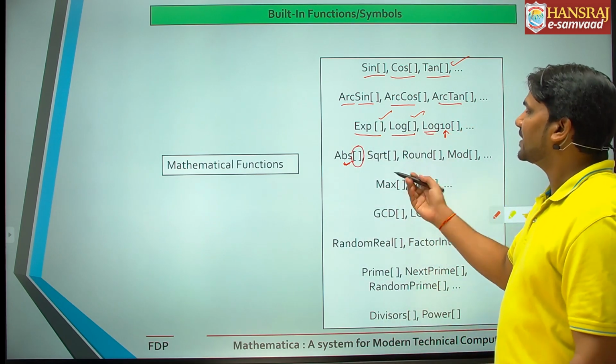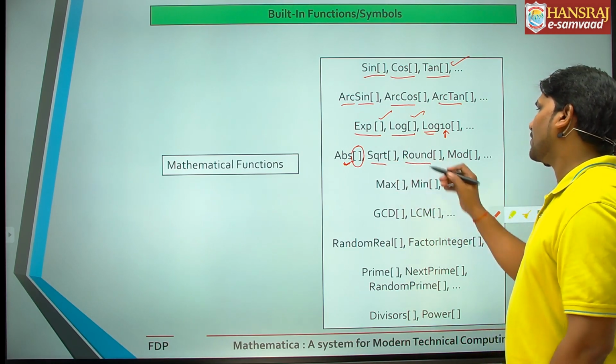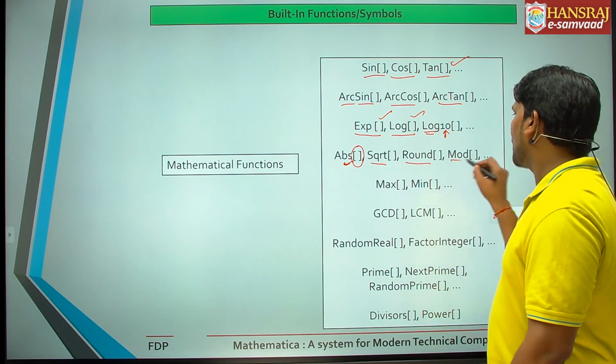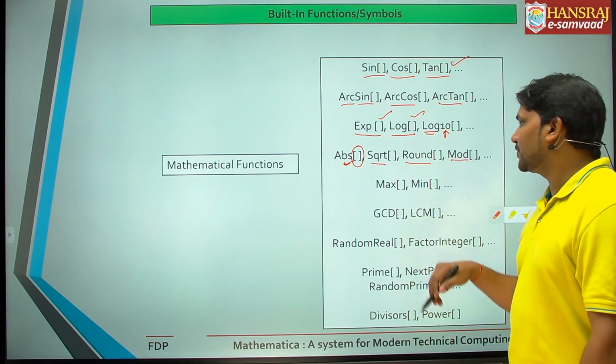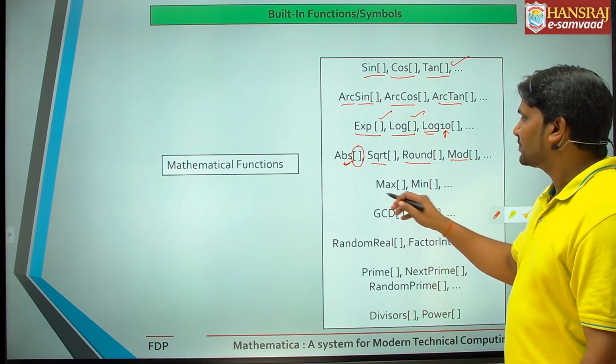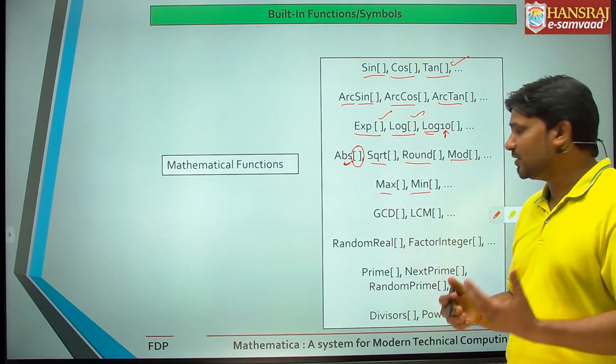Different functions are there: Sqrt for square root, Round for rounding the value, Mod, that means if you want to find the remainder, then you will use the Mod function. Then Max and Min, that means maximum value and minimum value.